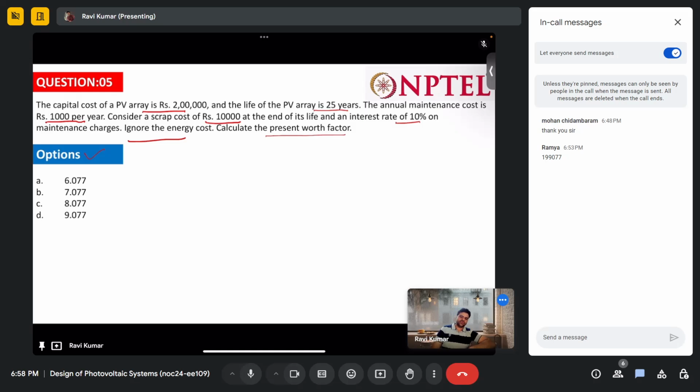What all things we require in present worth factor?